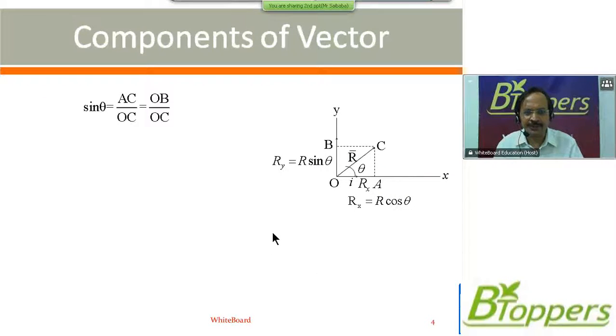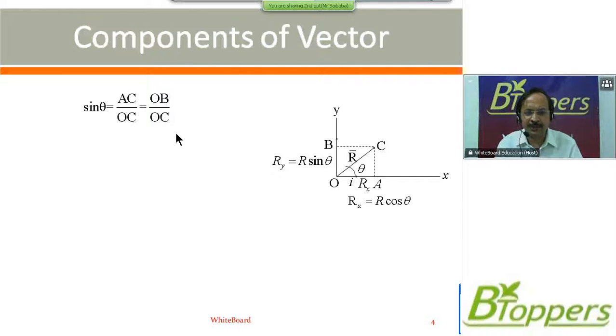Again, in the same triangle OAC, sin theta equal to length of the side AC opposite theta divided by length of the hypotenuse side OC. In rectangle OACB, opposite sides have same length. So length of side AC will be same as the length of the side OB.